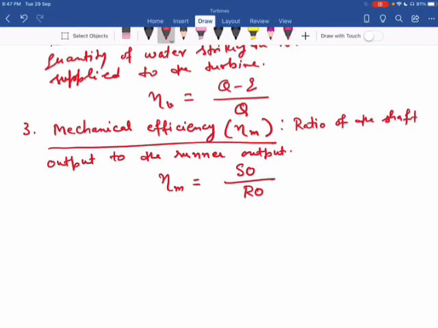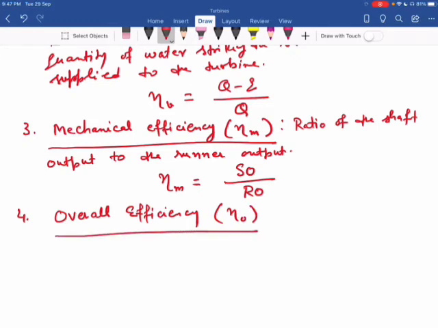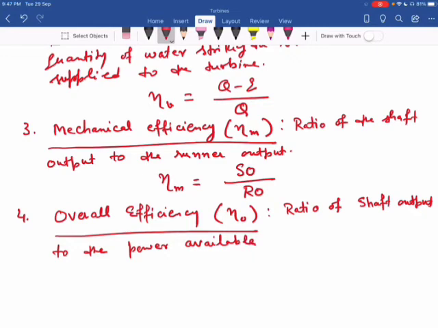There is one more efficiency that we call overall efficiency, eta O. This is the ratio of shaft output to the power available at the turbine inlet.